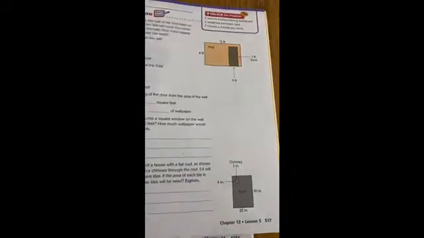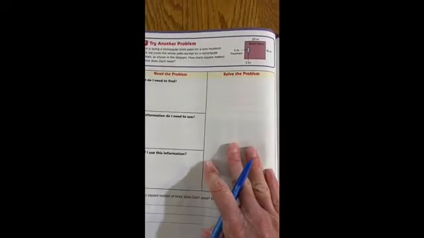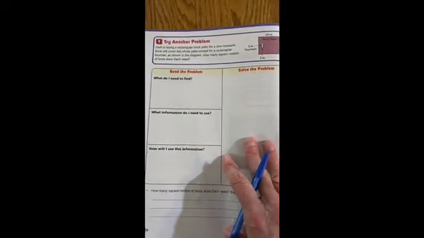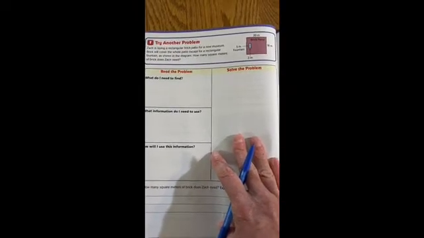All right, let's go ahead and look at page 516. Let's try another problem. These are fun, I like them. Zach is laying a rectangular brick patio for a new museum. Brick will cover the whole patio except for a rectangular fountain as shown in the diagram.